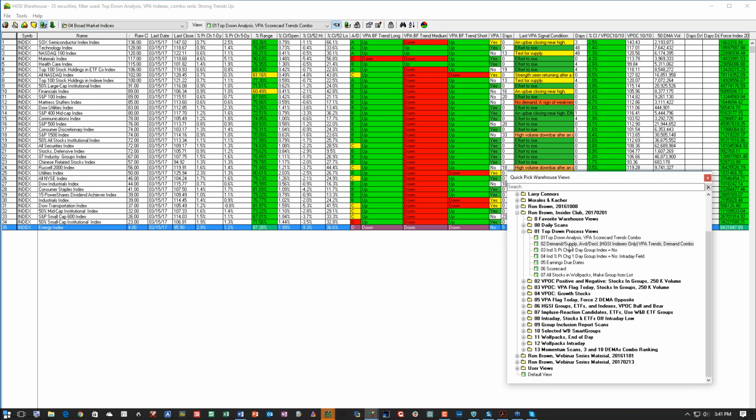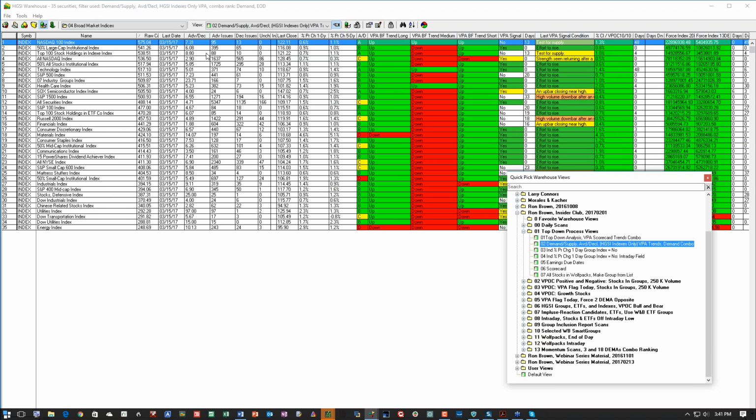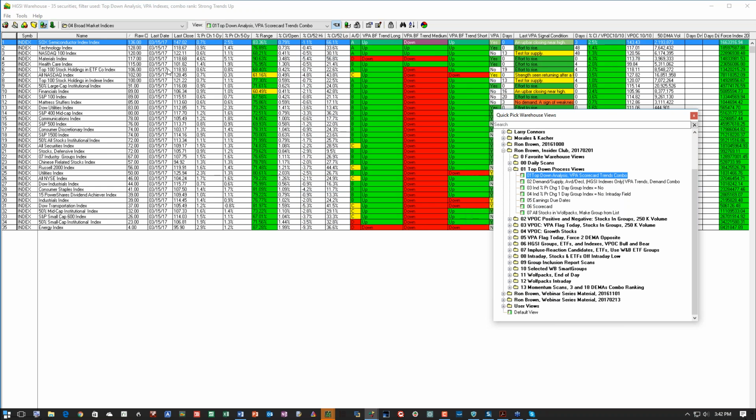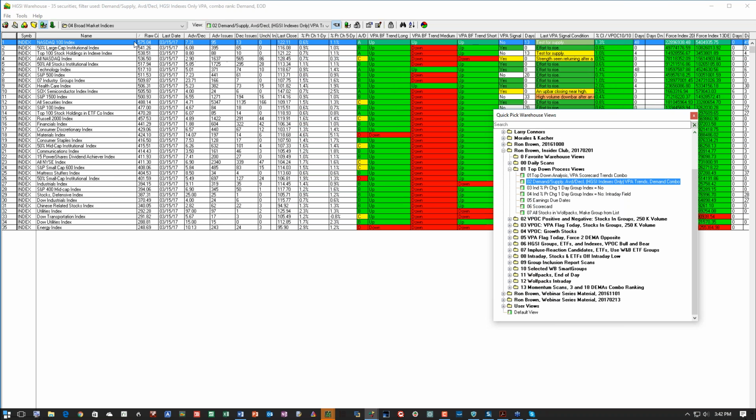And then the next view that I go down to is my demand supply view. This is using a different combo, the same combo, I'm sorry, that I use for the scorecard. I'm sorry, I need to go back to number 2.